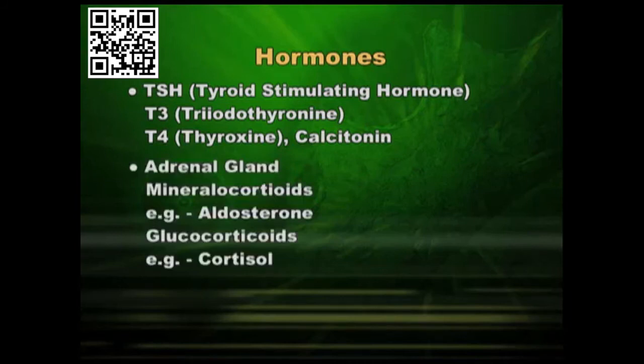Coming to the adrenal gland, you remember children, ACTH, the adrenocorticotropic hormone which was released from anterior pituitary, acted on adrenal cortex and made adrenal cortex to release hormones in the form of mineralocorticoids, glucocorticoids, and good example of mineralocorticoid is aldosterone, which looks after sodium in your body, and good example of glucocorticoid is cortisone, which looks after glucose metabolism in the body.